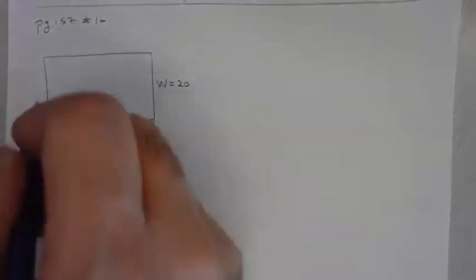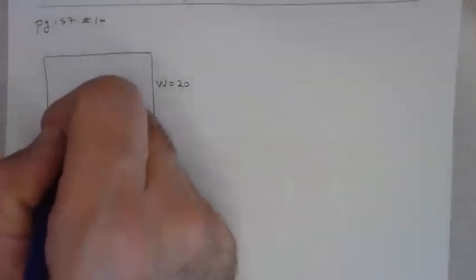So what are we doing now? We're cutting out corners on each side. And then what we're going to do is raise up each of those to create an open top box.